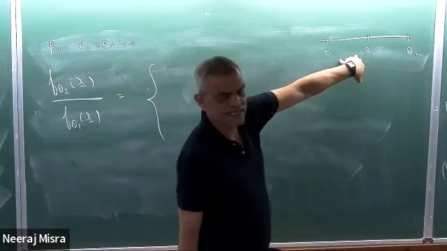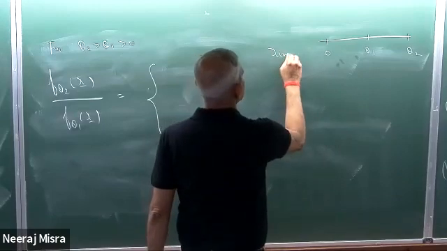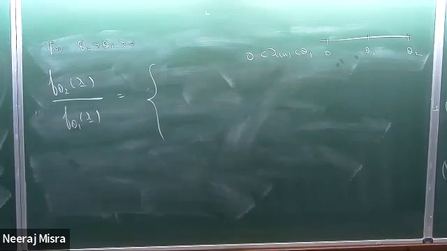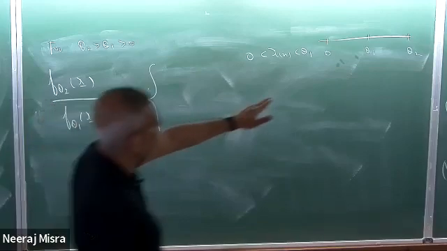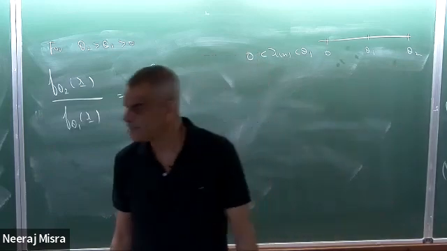So one case is if my xn is between 0 to theta 1. What is f theta 2 x? It is 1 by theta 2 to the power n, because if xn is between 0 to theta 1, that means xn is between 0 to theta 2, that means xn is less than theta 2.